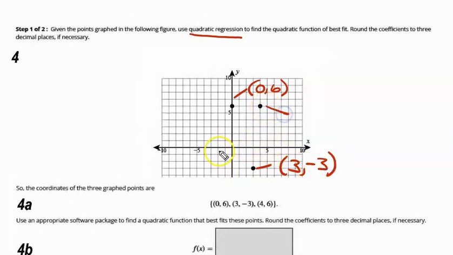And this one is (4, 6). And we have these listed here for you. Now, putting this data into the software, and you want to be able to do this properly. I'm going to erase this and move it up.